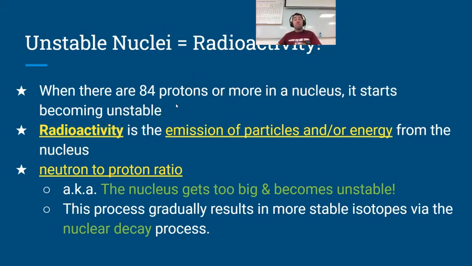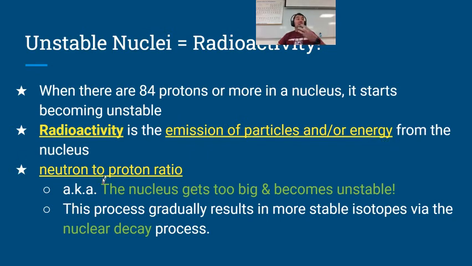Now, that instability is what causes radioactivity. Okay, so when the nuclei start getting too unstable, they start shooting off particles from the nucleus. Those particles that get shot off, that's what radioactivity is. Okay, so that emission of particles or energy, okay, or both from the nucleus.